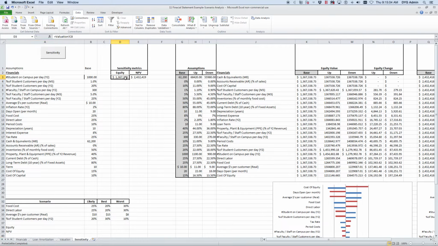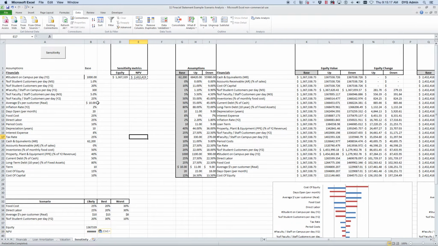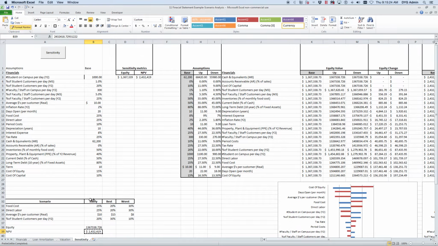The equity is this amount. NPV is this amount. Oh, got to do paste value. Sorry about that. Okay. So format. Let's go ahead and clean that up. I am about cleaning up the formatting.